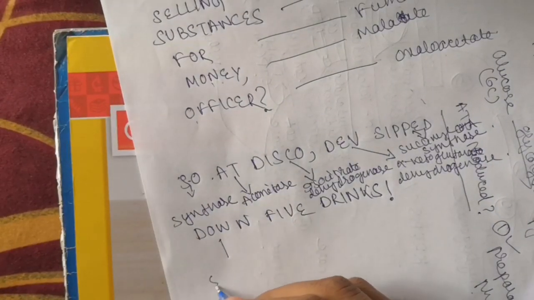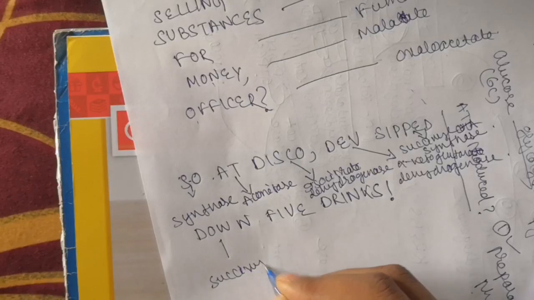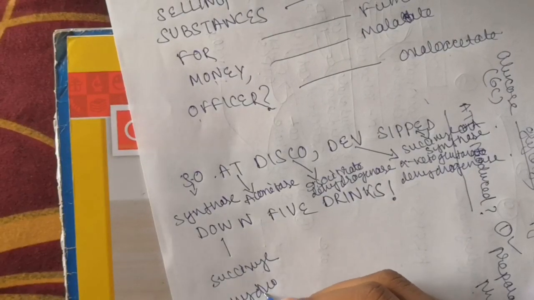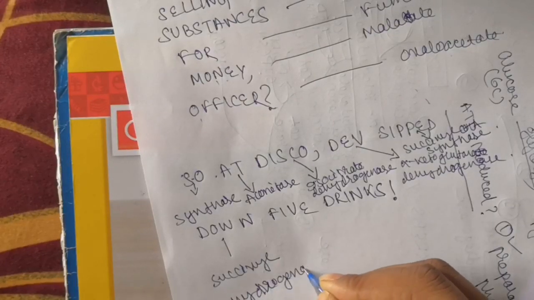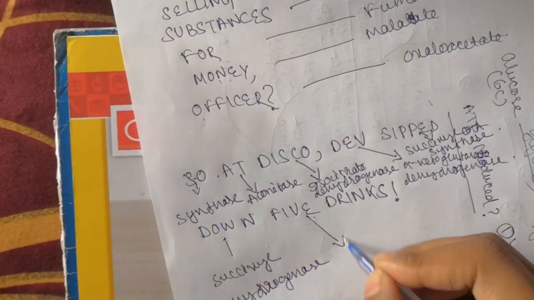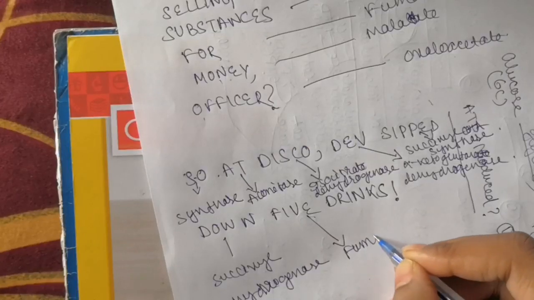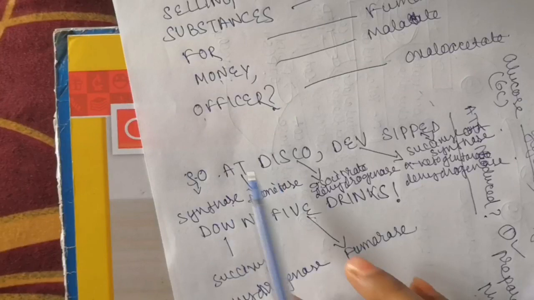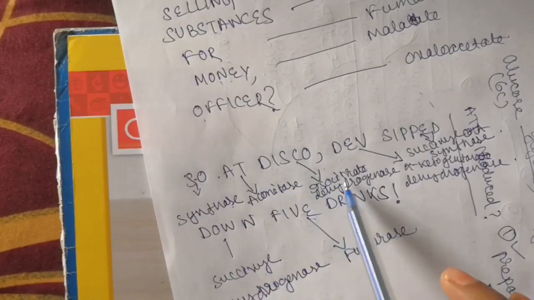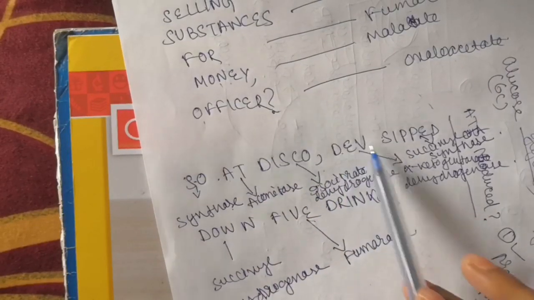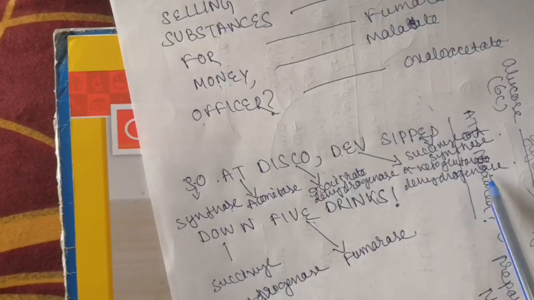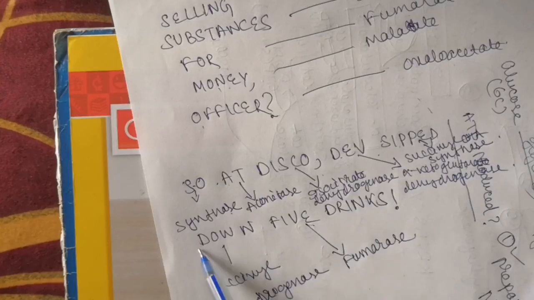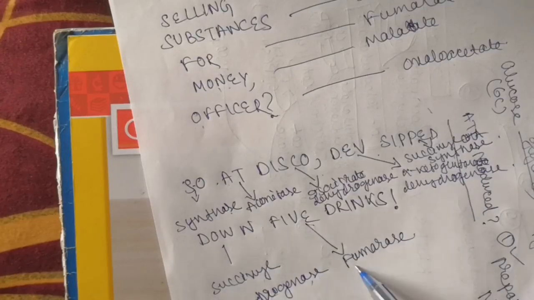Down means succinate dehydrogenase. 5 means fumarase. So: so for synthase, at means aconitase, disco means isocitrate dehydrogenase, they've means alpha ketoglutarate dehydrogenase, sipped means succinyl coenzyme A synthase, down means succinate dehydrogenase, 5 means fumarase.